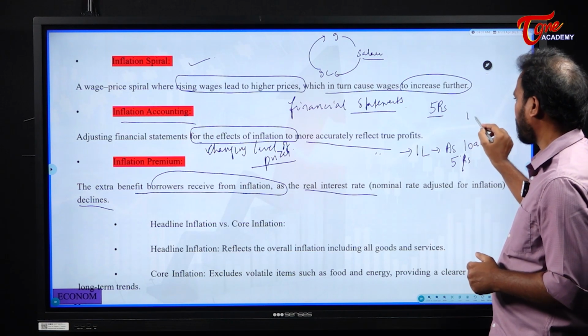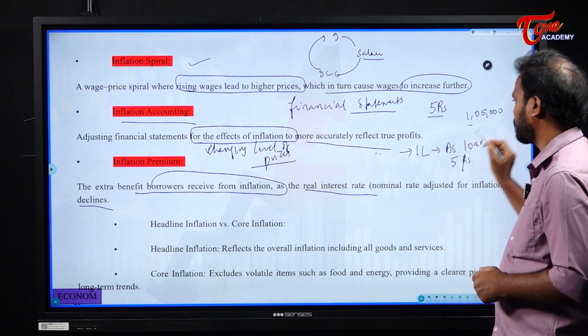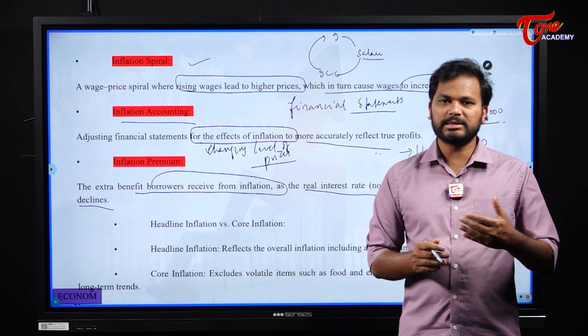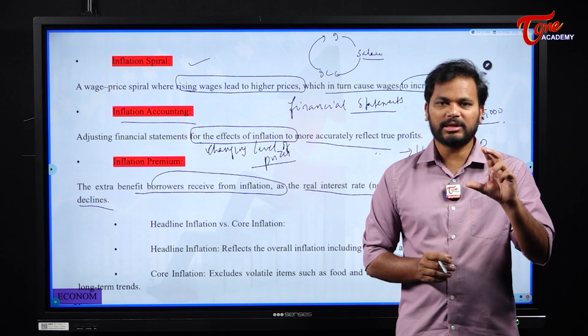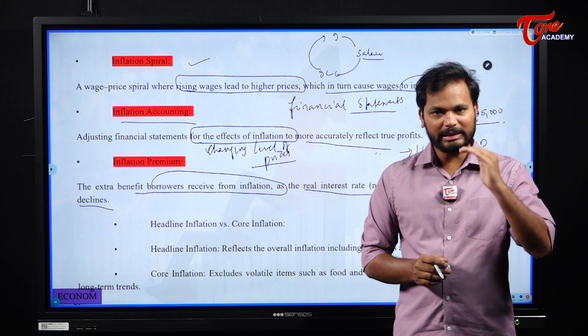Now after 1 year I need to pay 1,05,000 totally. The principal amount is 1 lakh. Now consider after 9 months there is a scenario of inflation. As a consequence, the value of the money decreases.